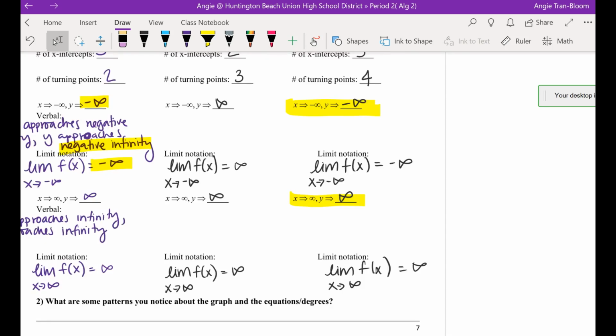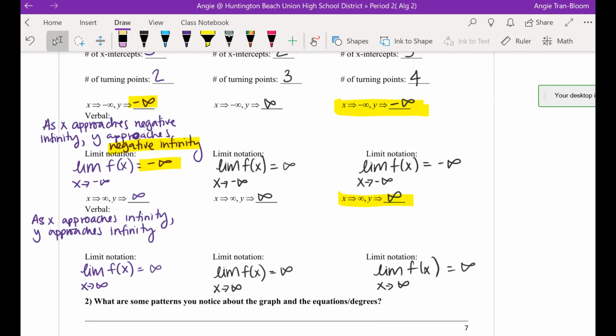Okay, look at the third power for me. Is the third power opposite or the same? When it's odd, they go different ways, and when it's even, they go the same. That's what I want you to write right there. What are some patterns? That's one of them. When the degree is odd, how are the y's going? Opposite. Perfect.